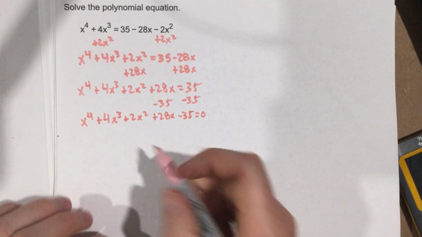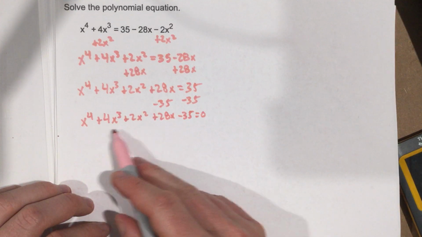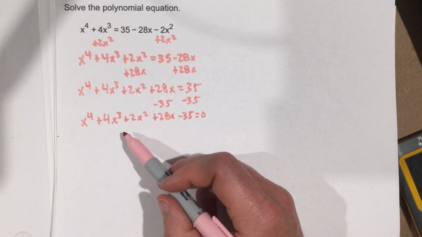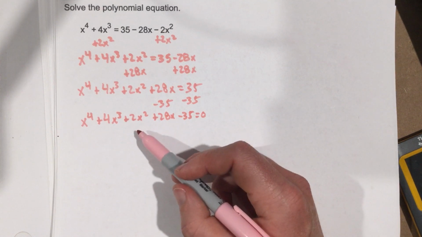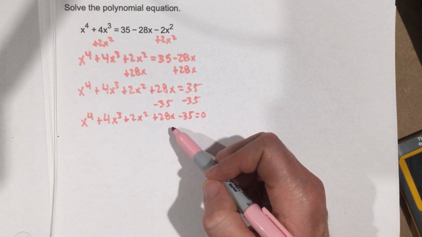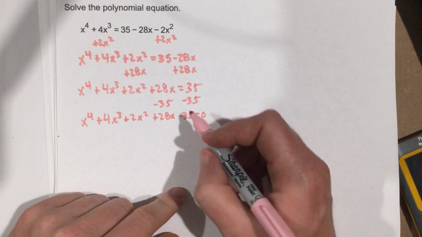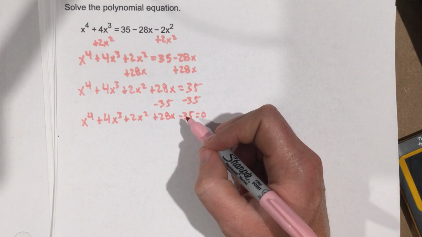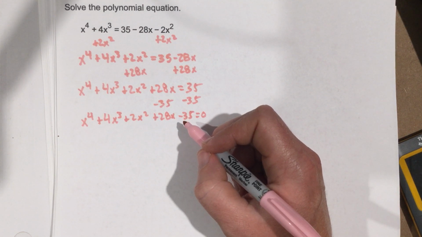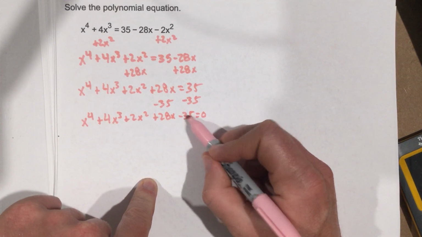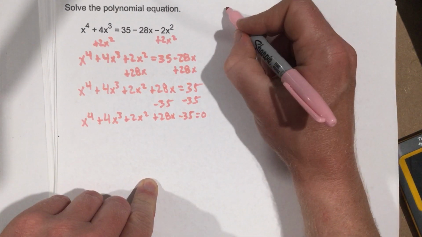Now, because this is a fourth degree polynomial and there's 5 terms in it, we can't really do factor by grouping. We don't know any zeros. So I'm thinking the only thing we can do here is the rational zeros test. So remember the rational zeros test, we're going to take these P values and write them out at the top.